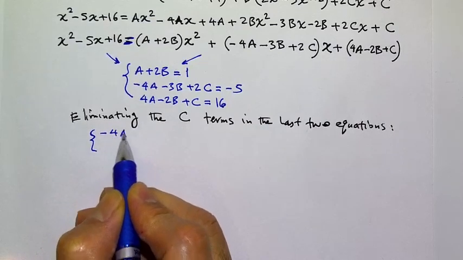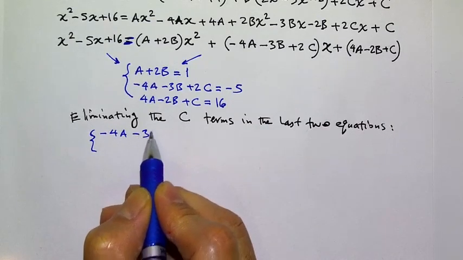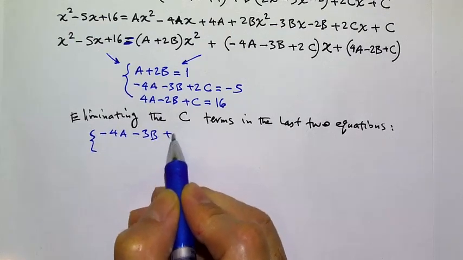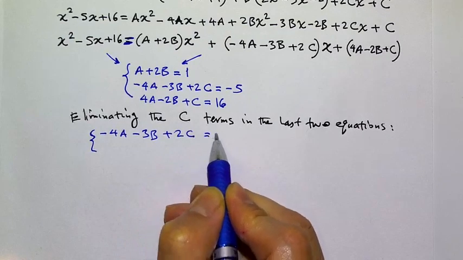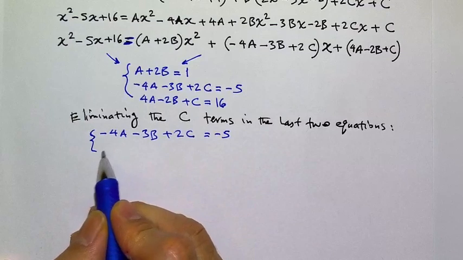So minus 4a minus 3b plus 2c equals minus 5.